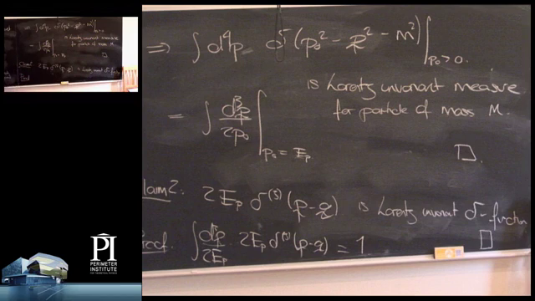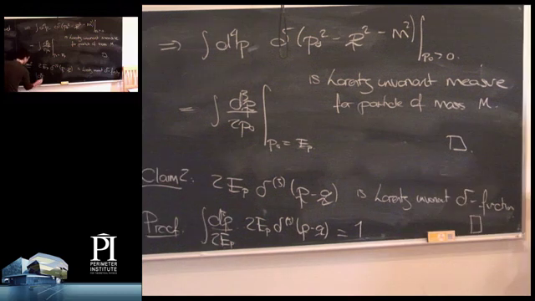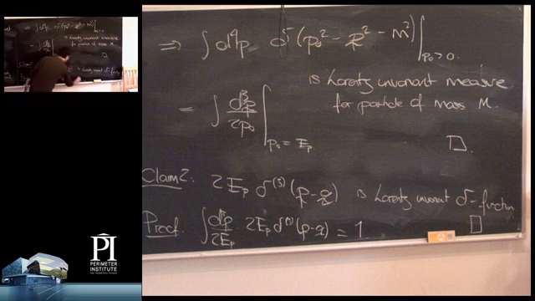The proof of this is just that this is the Lorentz invariant measure, and we multiply by the Lorentz invariant delta function. That's what gives us 1, and 1 is obviously a Lorentz invariant number.